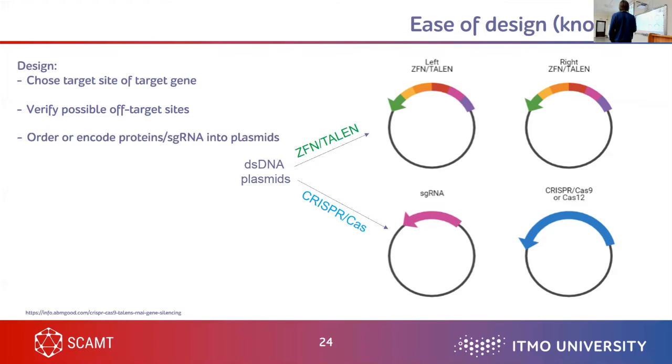So here will be the left ZFN or TALEN, and there will be the right ZFN or TALEN. In the case of the CRISPR-Cas system, we will also have two plasmids. One will encode the guide RNA, single guide RNA, a lot of names, and the second plasmid will encode the CRISPR-Cas9 or CRISPR-Cas12 protein.